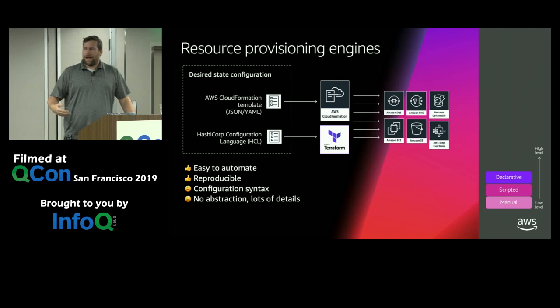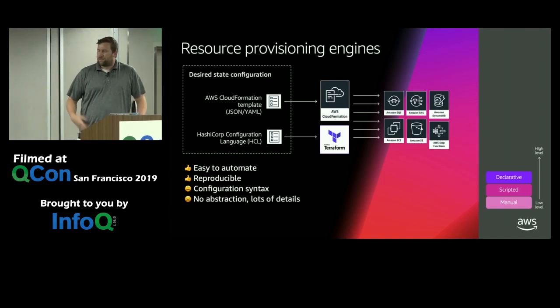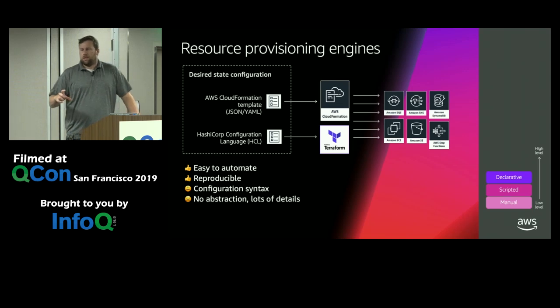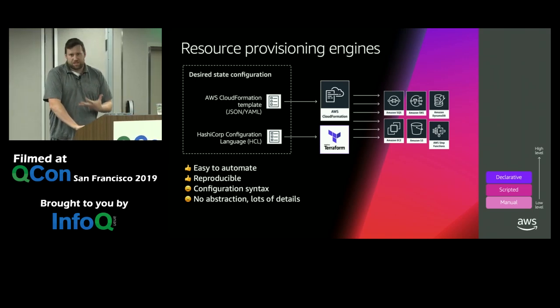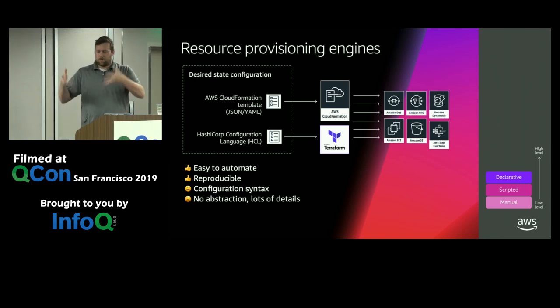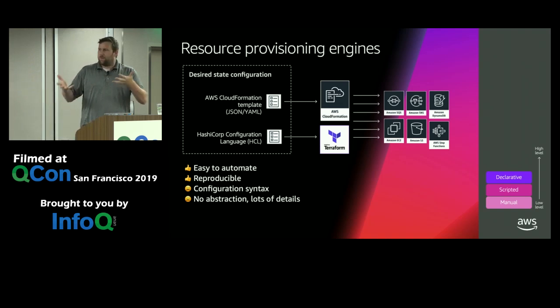It handles rolling them back if there's any kind of a mistake. It handles updates, it handles everything for us. So we can just focus on describing the desired state of our infrastructure. And it feels like magic the first time you use it, because you're just like, here's what I want, and then you give it to CloudFormation or Terraform, and what comes back is exactly what you wanted, hopefully.